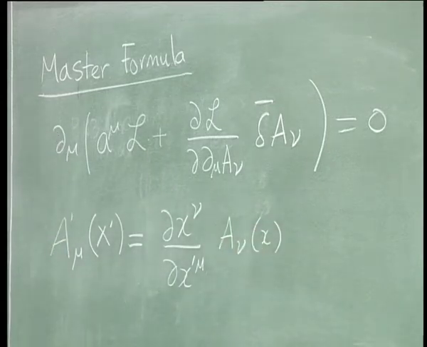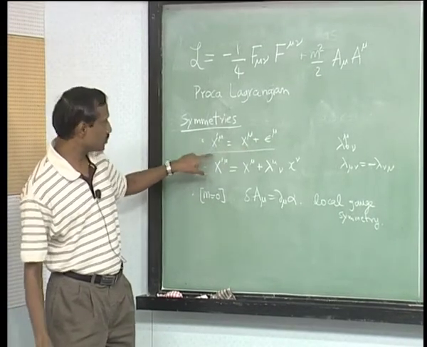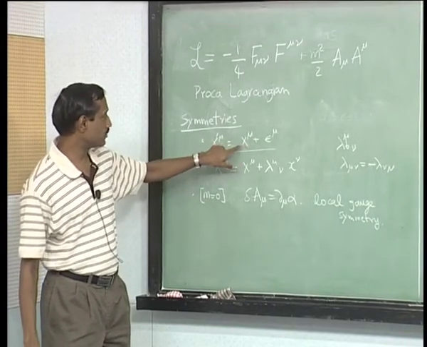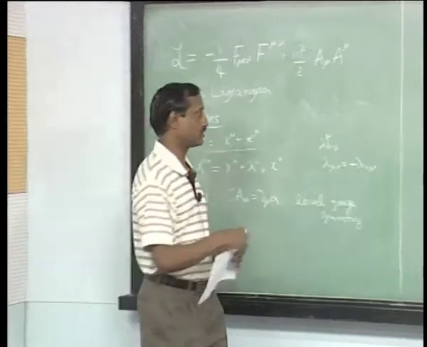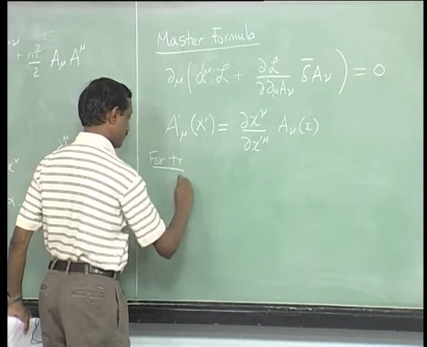All you have to do here, if you want to work out what it is under translations, is to look at dx prime by dx nu, and what do we get? We get delta out here. So for translations, we see that A mu.